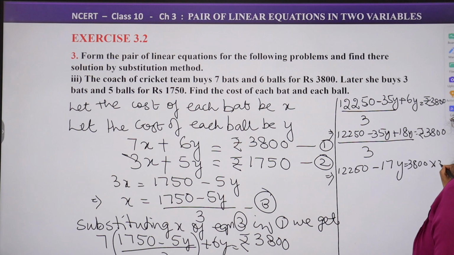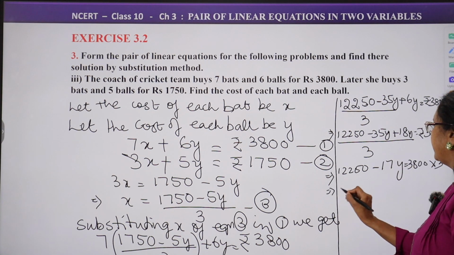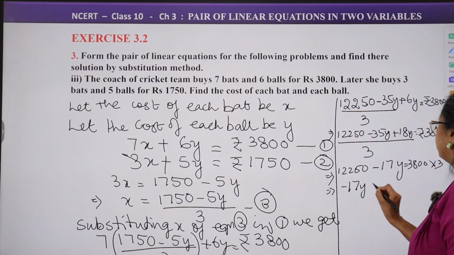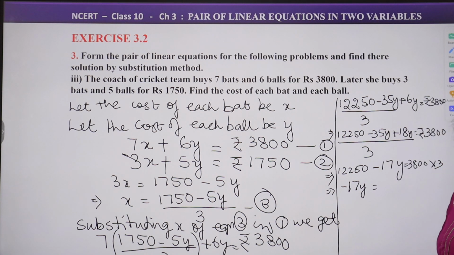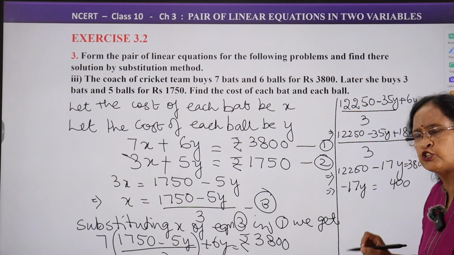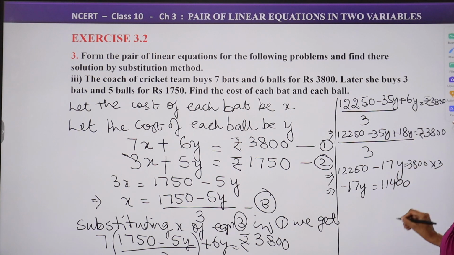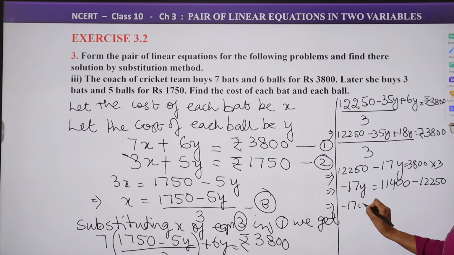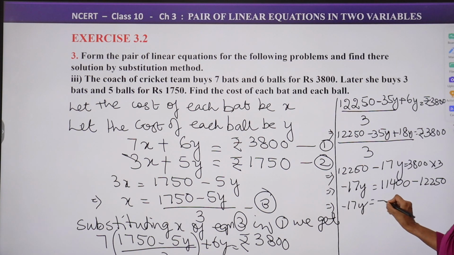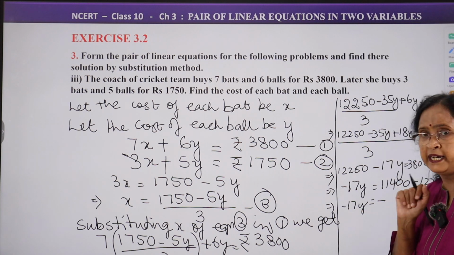3800 into 3. That implies minus 17y is equal to, what is 3800 into 3? 0, 0. 8 3s are 24, carry 2. 3 3s are 9, 11. 11400 minus 12250. That implies minus 17y is equal to minus, because the greater number has the minus sign.